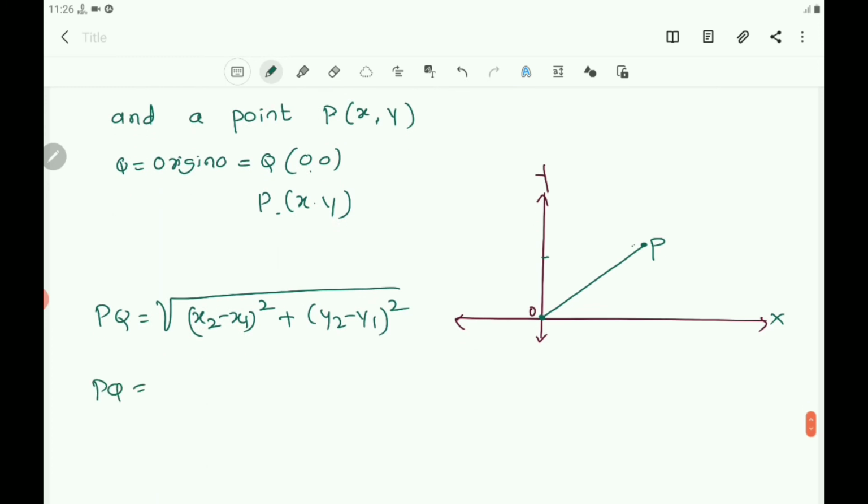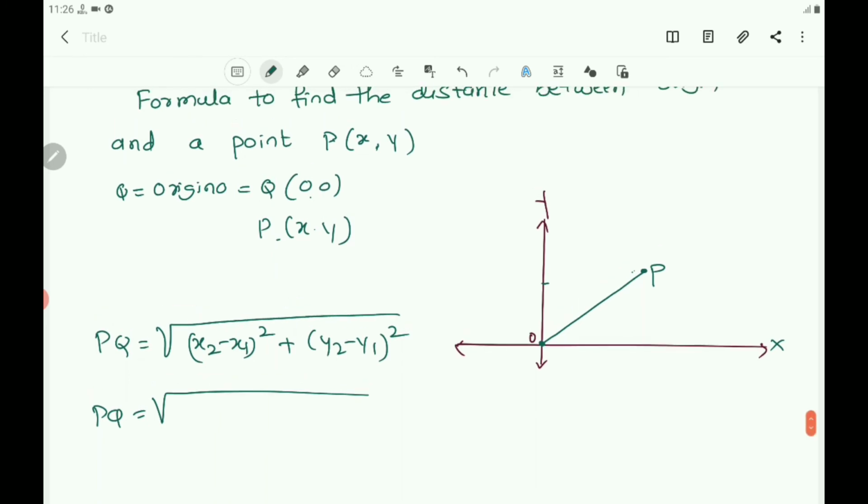Here the coordinates of the point P are x1, y1 and this is x2, y2. So in the place of x2 you take 0 minus x, whole square, plus y2 is 0 minus y1, that is y.